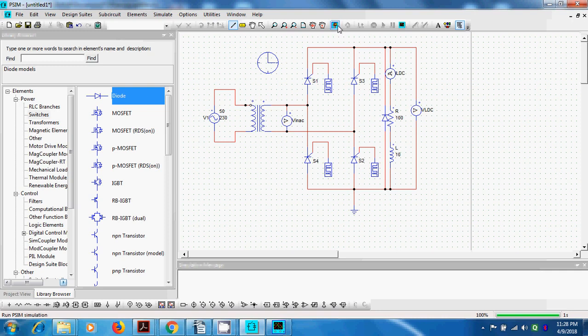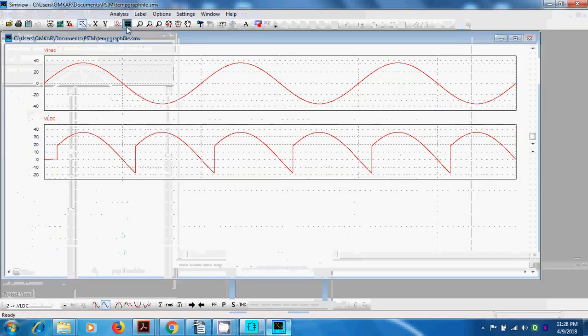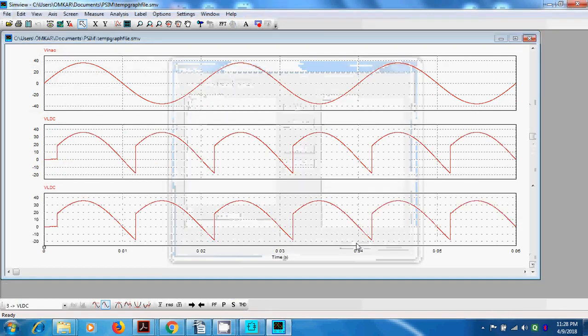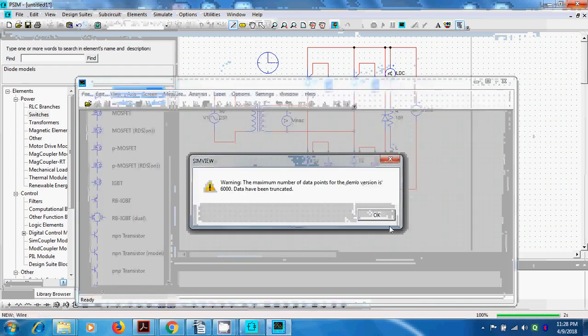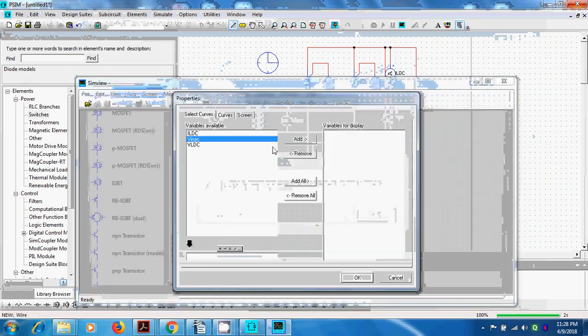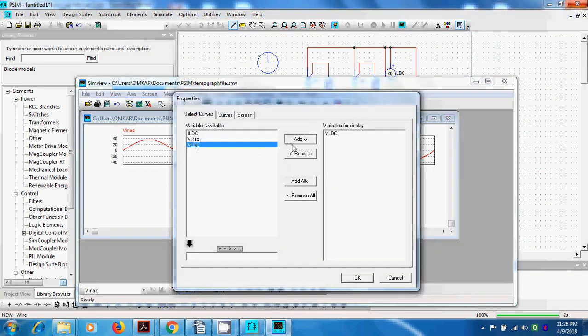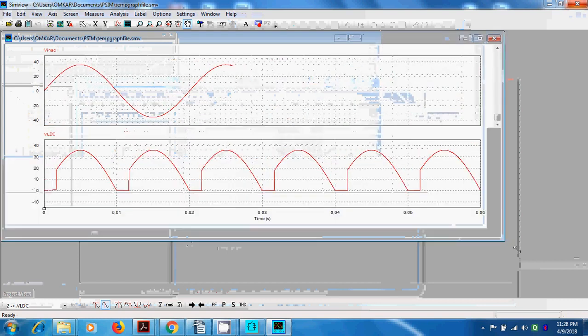So let us see how my output voltage waveform VLDC looks. This has been done already. Now I will run it again, fresh. So this is V in AC, I know, and now I want to see VLDC. So what is the difference?